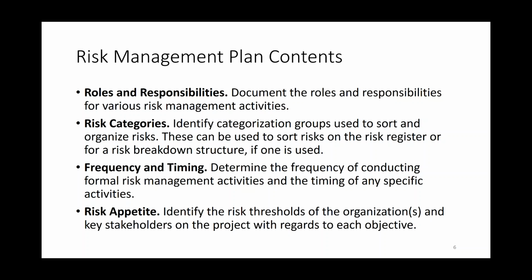So you need to find out the appetite that people have for uncertainty on the project for each objective. And so on the risk management plan, rather than giving a straight answer, I described to you how the key stakeholders felt about things, like we have to open up on time. What that tells you is there's very little risk appetite for a schedule slip.